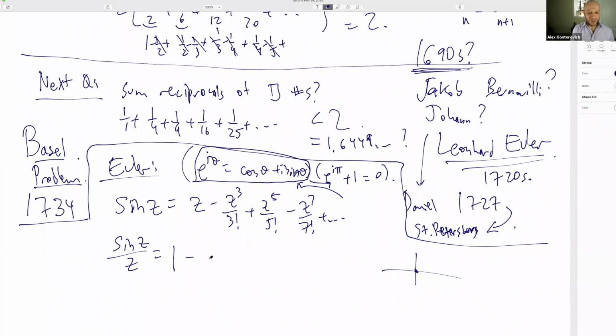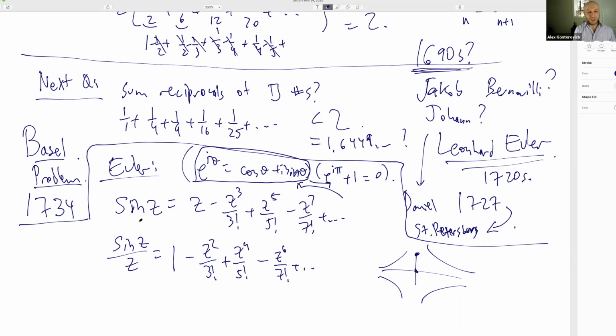Okay, so this is z squared over 3 factorial plus z to the 4th over 5 factorial, z to the 6th over 7 factorial, and so on. I haven't done anything. What does this function look like? At 0, it's now of size 1, and then it decays like 1 over absolute value of z.